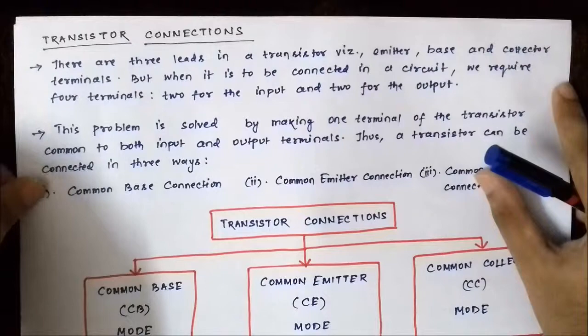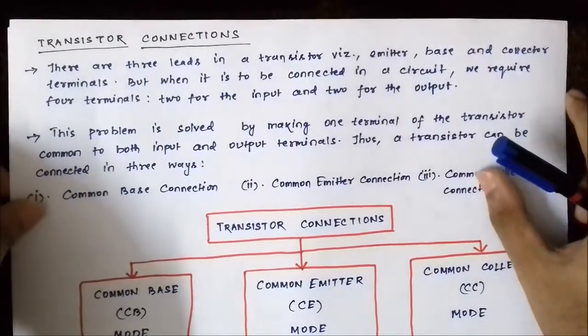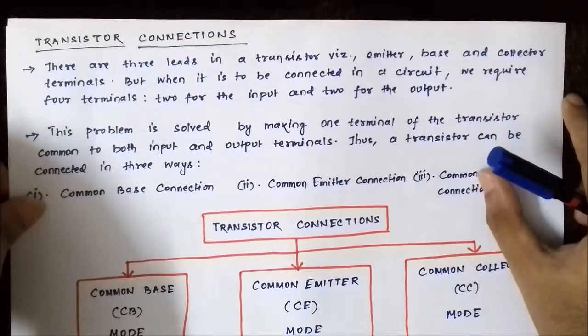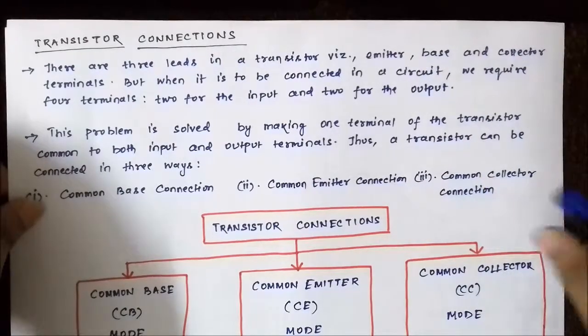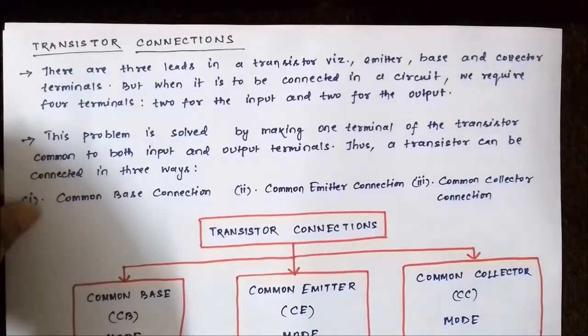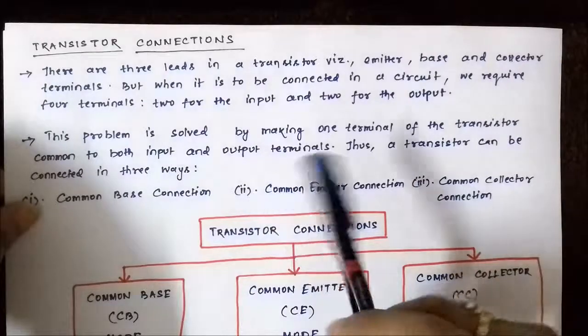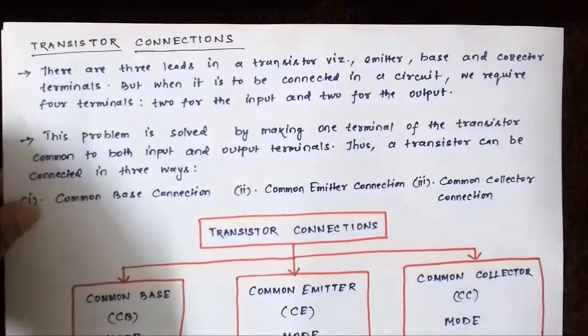So we know that there are three leads or three terminals in a transistor device: the emitter, base and collector.